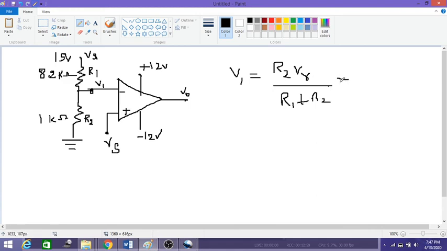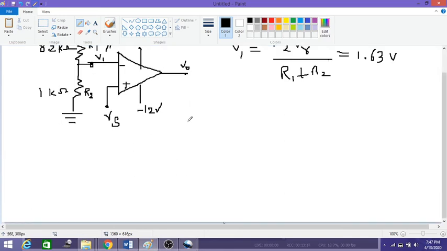When we substitute these values, I am getting a voltage of 1.63 volts at the V1 point.